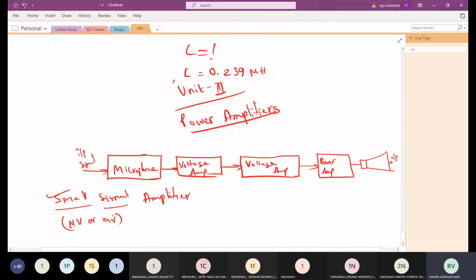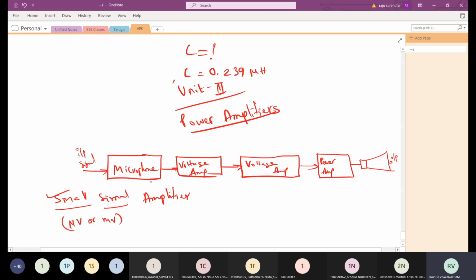These types of amplifiers deal with small input AC signals, which have an amplitude of microvolts or millivolts. So you know already, voltage amplifier input is almost in millivolts.